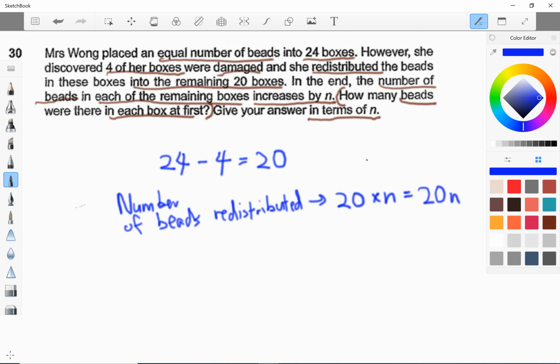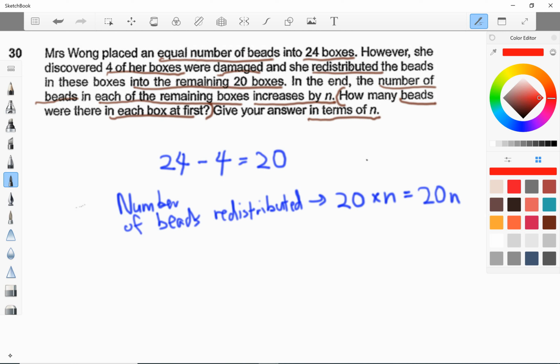So for the remaining 20 boxes, given that every box increases by n, the total increase is actually 20n. So the next thing we got to ask ourselves is that for this 20n, the number of bits that were redistributed, where did they come from?